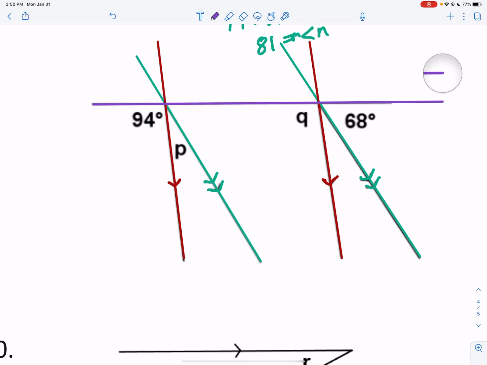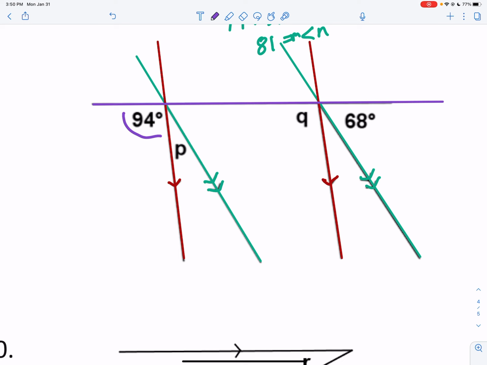So you've got two sets of parallel lines with a single transversal that goes through them all. Let's look at our red ones first, because our red ones are super important right now. This 94 degrees comes from the angle of the first notched parallel lines, the red ones, and the purple transversal. So 94, we know what that is.